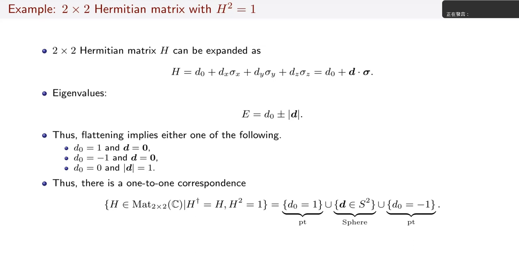No, in that case you would have a zero eigenvalue. There is an additional condition that H squared is identity. So this is the constraint.